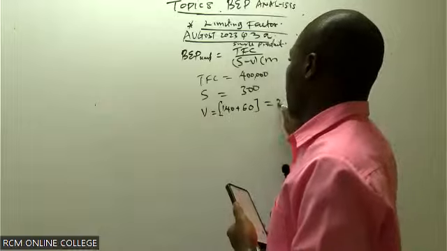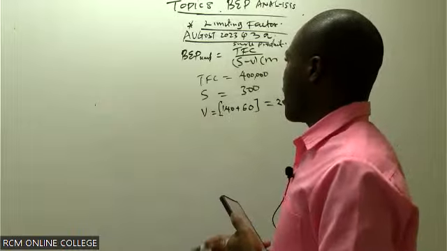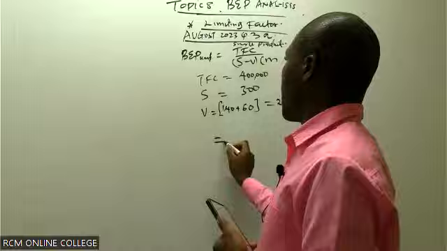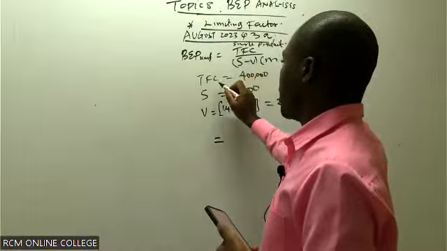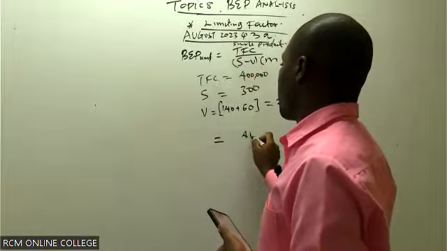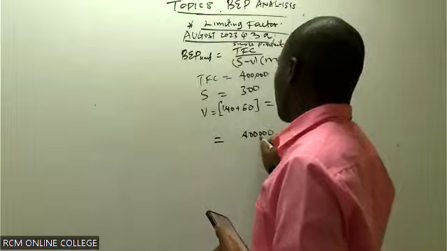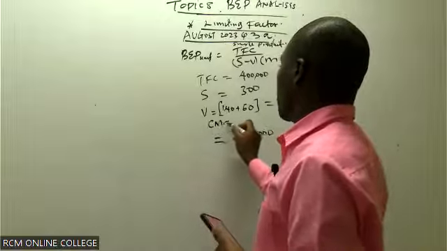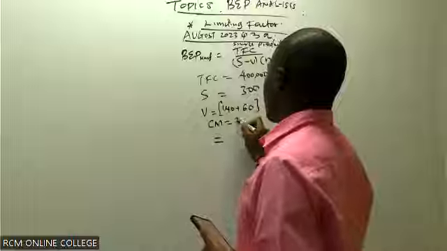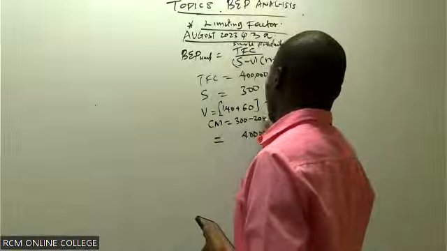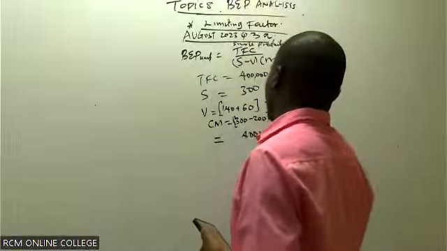No. So it will be equivalent to 200. Having done that, let's now get back to our formula and fix in what we've been able to identify. Total fixed cost, 400,000. Then contribution margin, of course, is S minus V, which is 300 minus 200. So this one here will give us 100.